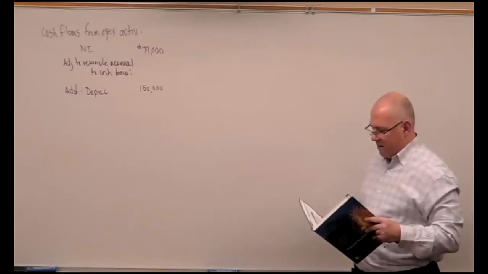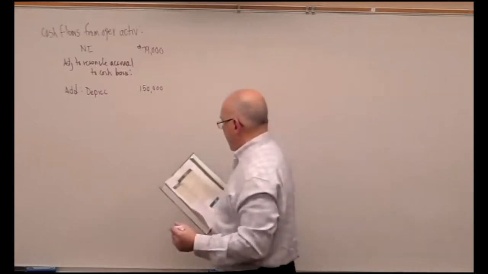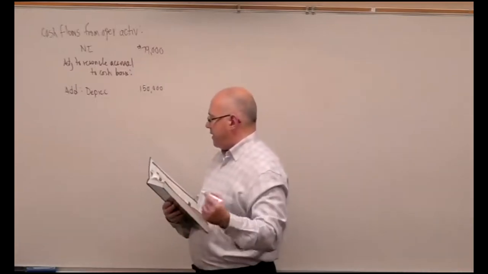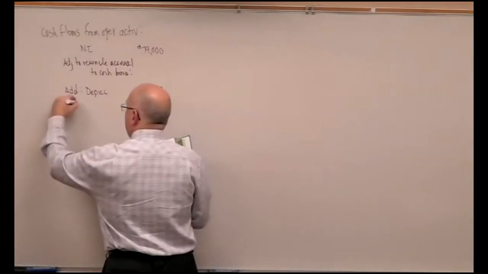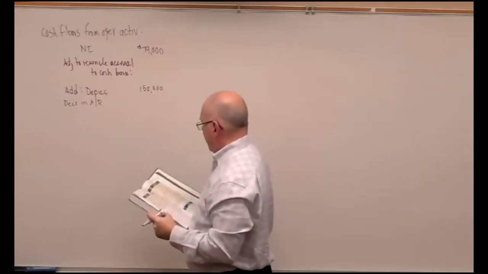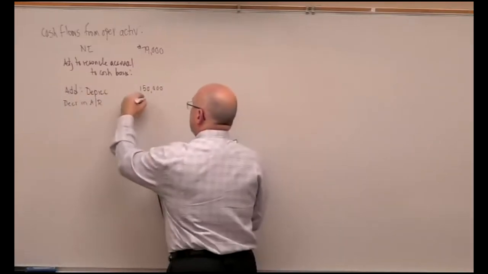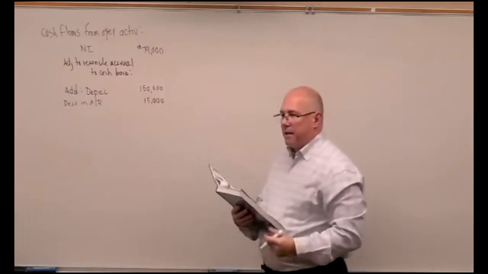Increase of 15,000 for the accounts receivable, actually, decrease. Did I go the wrong way? Yeah, it was 97 last year. It's 82 this year. So I went backwards. Okay, so it's a decrease in accounts receivable of 15. That's going to be a positive adjustment.